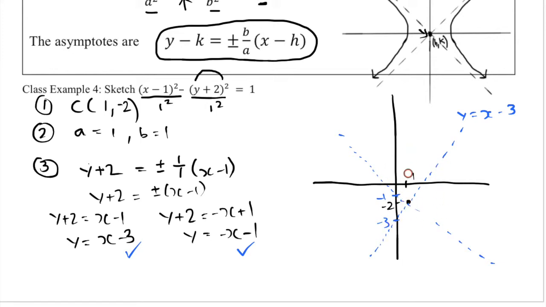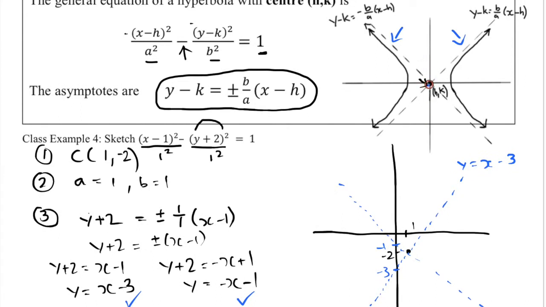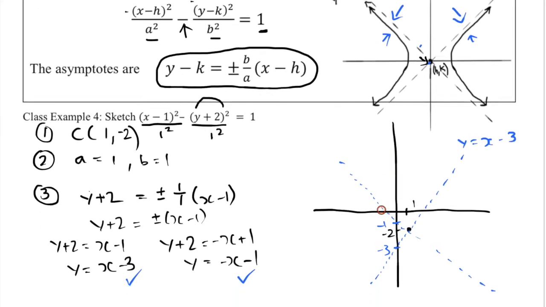Right, so we got the center and we got the asymptotes. Now we just need the shape. How do we draw the shape? You might ask. Not very hard, just follow the line. Another tip I like to do is from your center, add the horizontal component, the x value, 1 over here, with the a value, the denominator, 1.